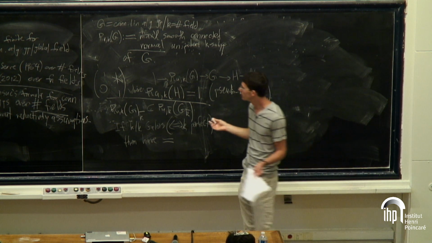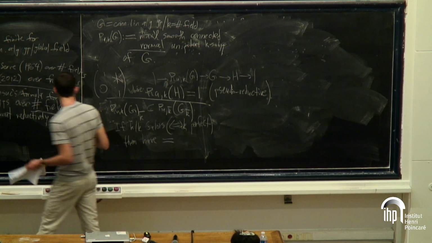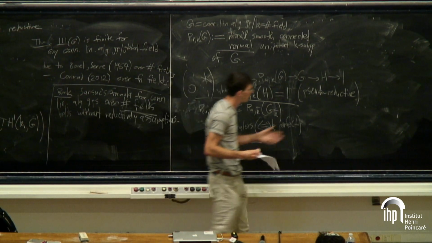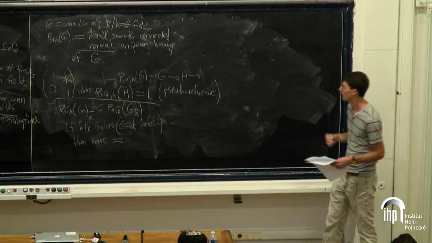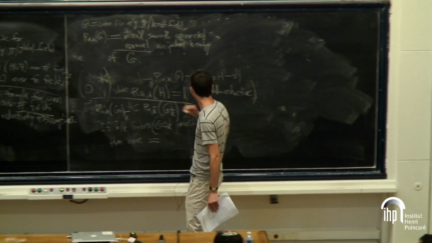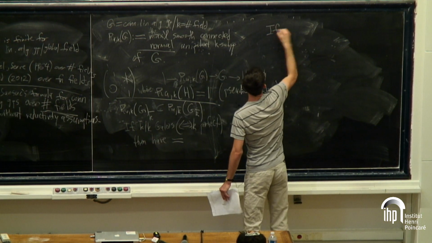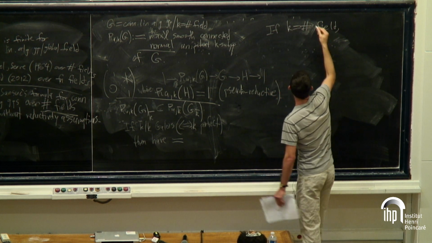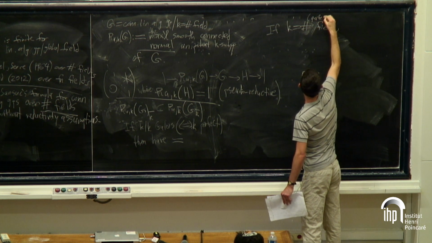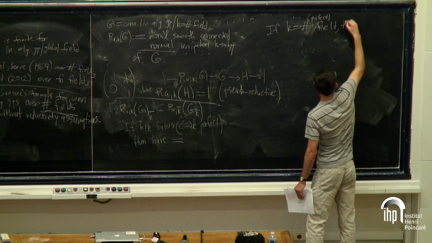So usually people don't worry as much about imperfect fields, so they just think about reductive groups, because they're the same as pseudo-reductive groups. All right. So if K is a number field, or really any perfect field, then H is reductive.